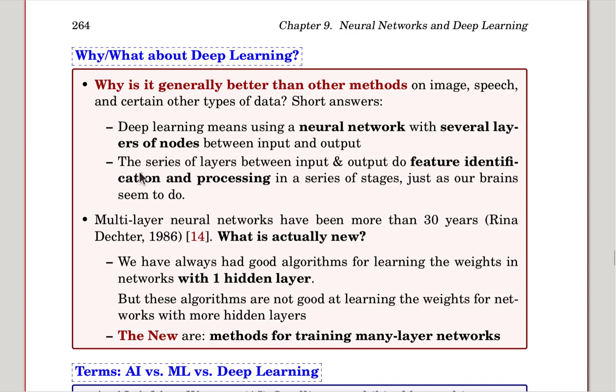Also, a series of layers between input and output do feature identification and processing, just as our brains seem to do. So multi-layer networks with feature processing together make deep learning way better than conventional methods.